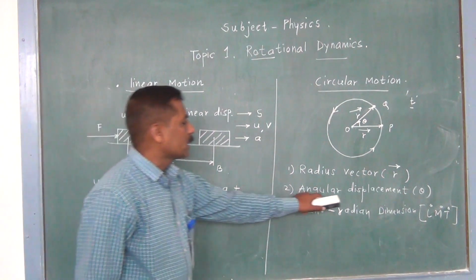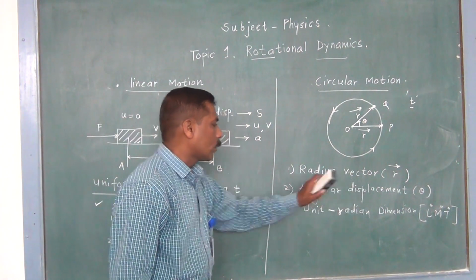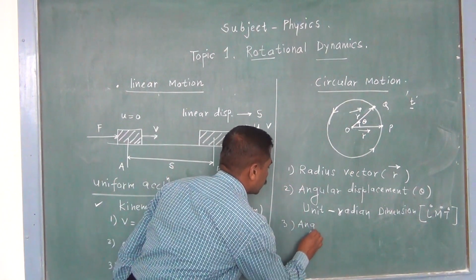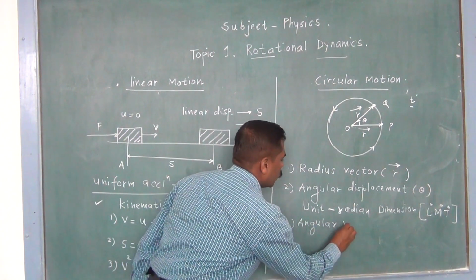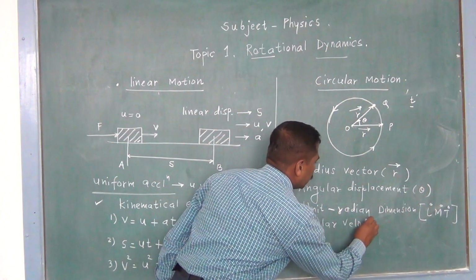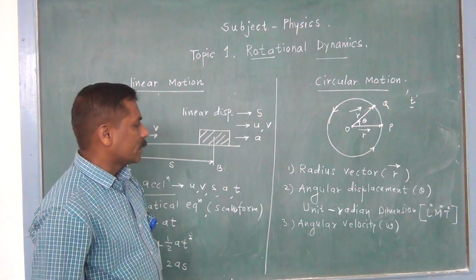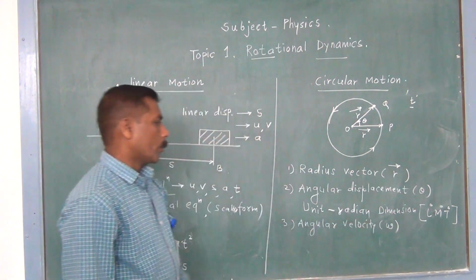So if we know the angular displacement, we can find the next, that is angular velocity. This angular velocity is denoted with omega.